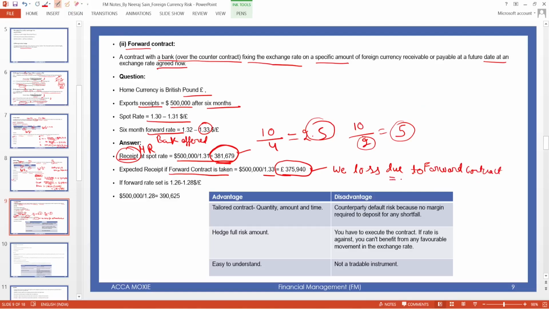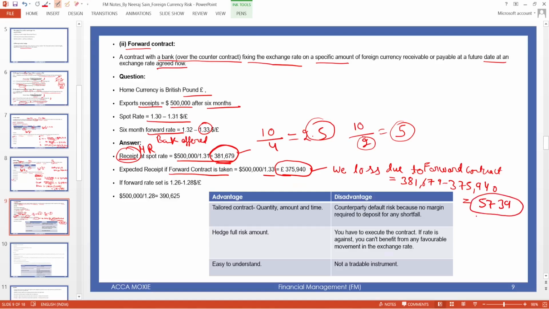How much do we lose? We lost 381,679 minus 5, we lost 5739. Okay, we lost this amount.